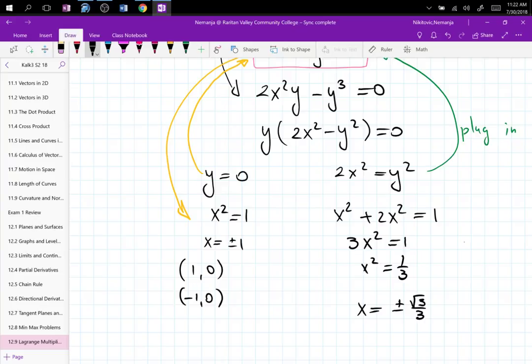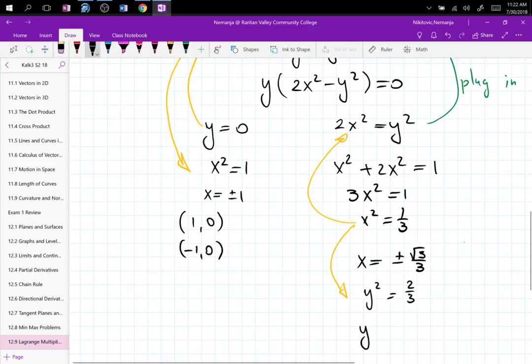Now, you want to calculate y values for these x values, and you can do that when you plug x squared there to compute that your y squared is equal to 2/3, which gives you that y is equal to plus minus square root of 6 over 3 when you rationalize.